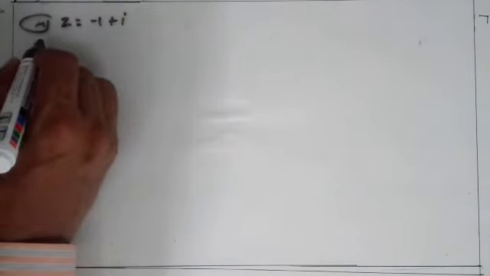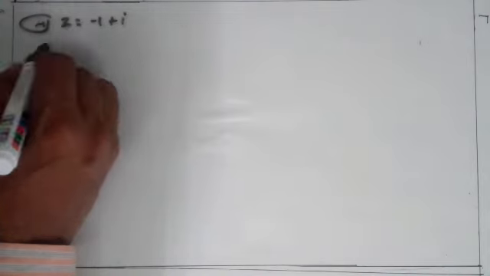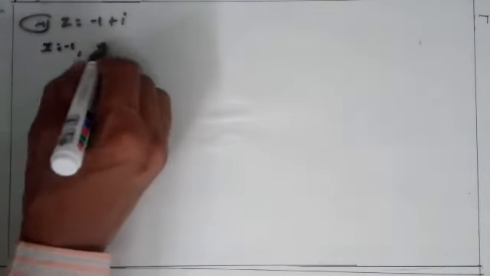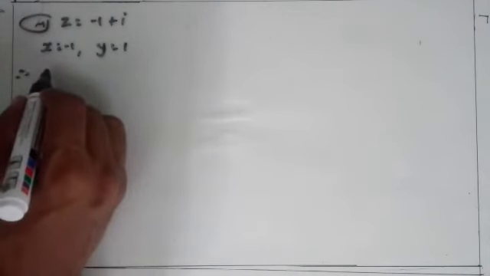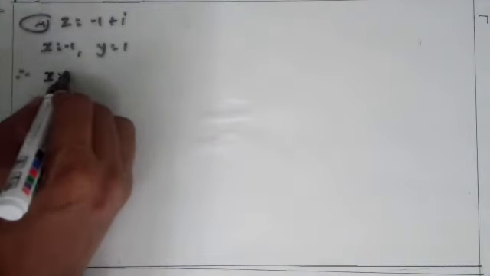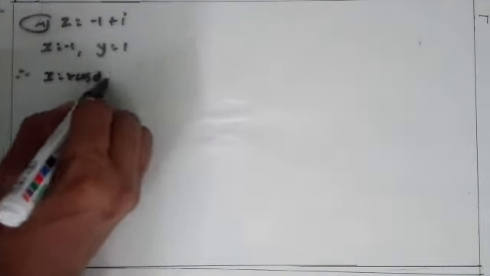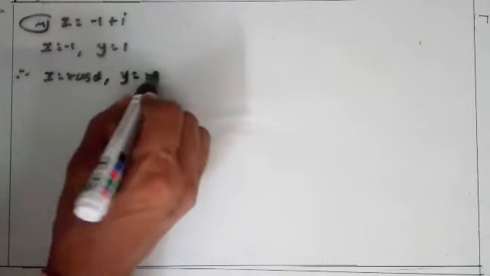Comparing with x and y, here x is equal to minus 1, y is equal to 1. Therefore apply the second method. How to get the value of r and theta? We know that x is equal to r cos theta, y is equal to r sin theta.